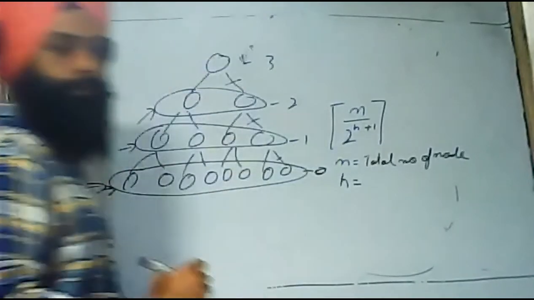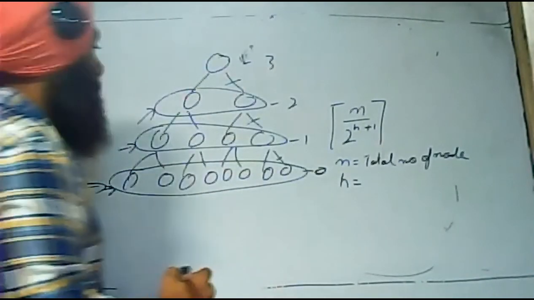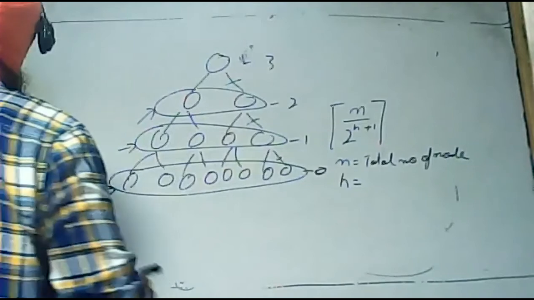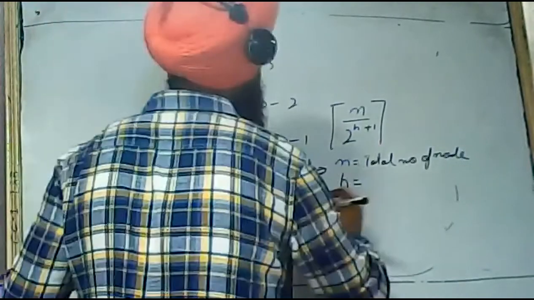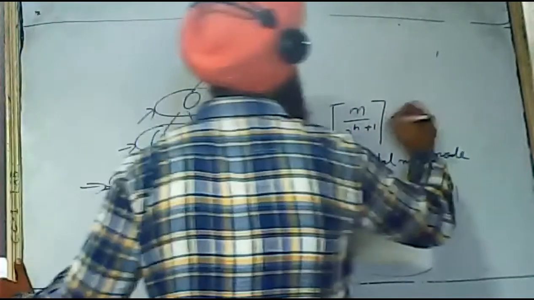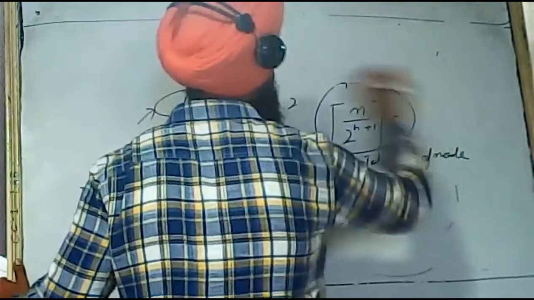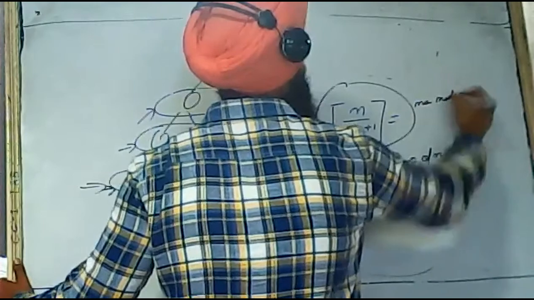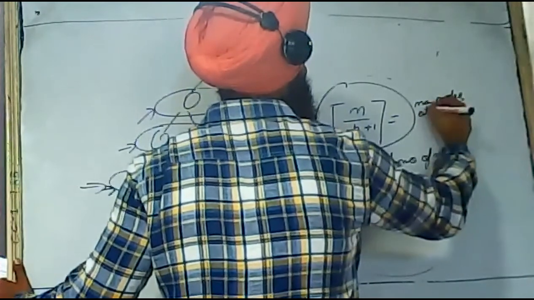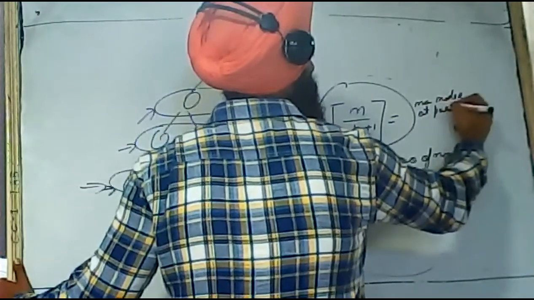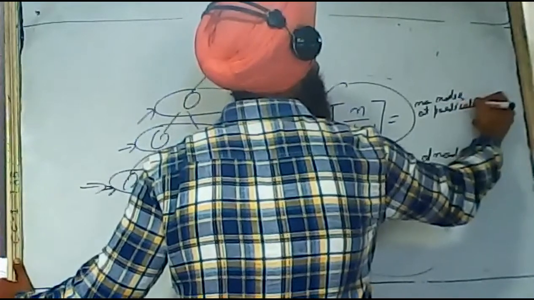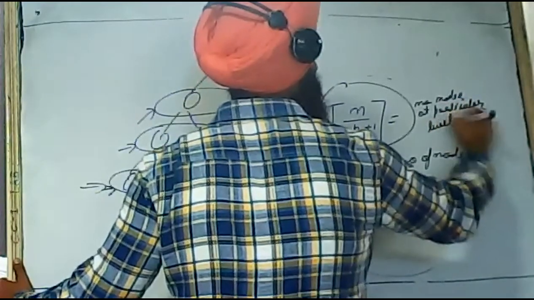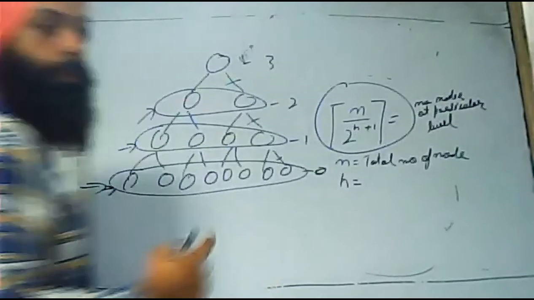H is the height at that level. This formula is for the number of nodes at a particular level.